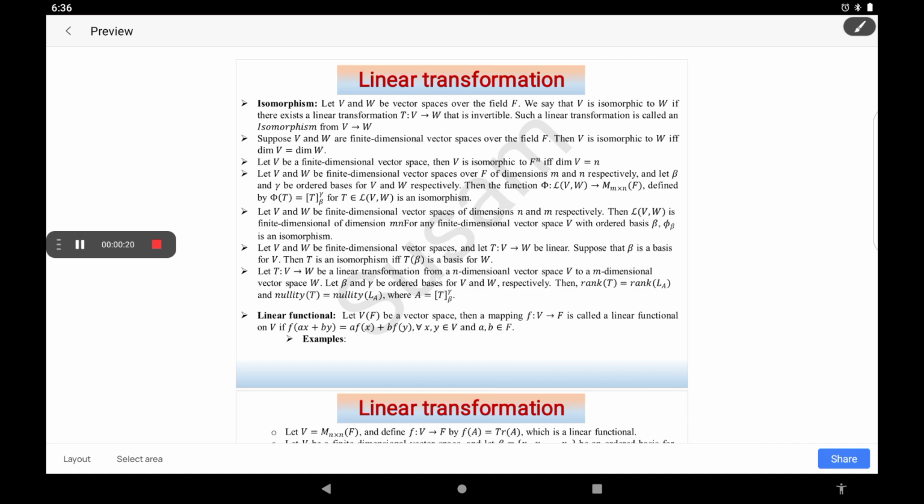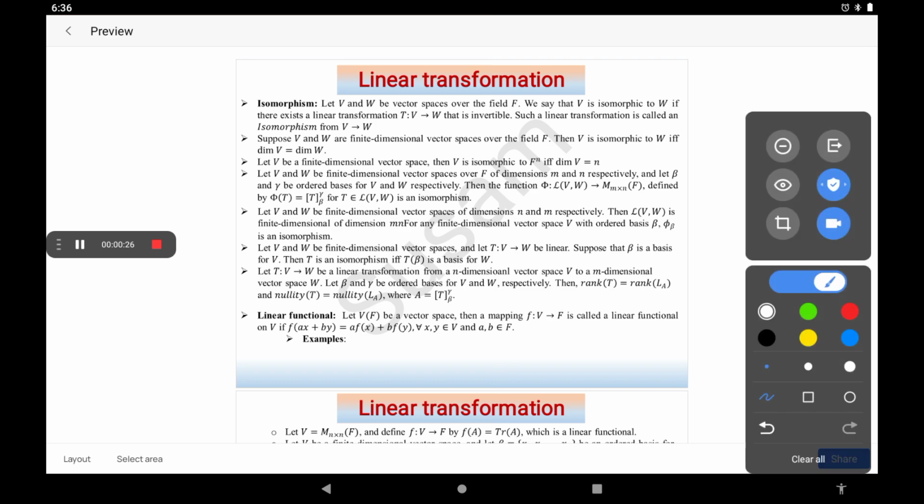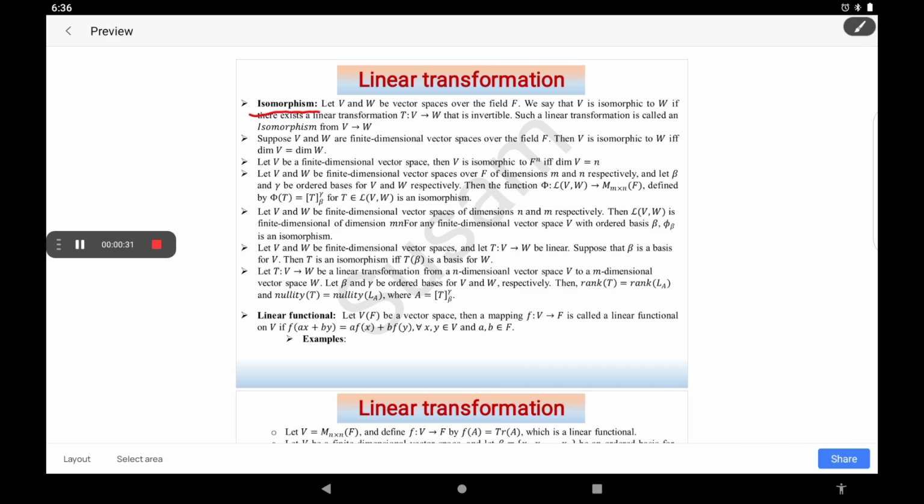So let us start. First I will talk about isomorphism. Now what is isomorphism? In my previous lectures I have told about linear transformations, which is nothing but a mapping between two vector spaces over the same field.